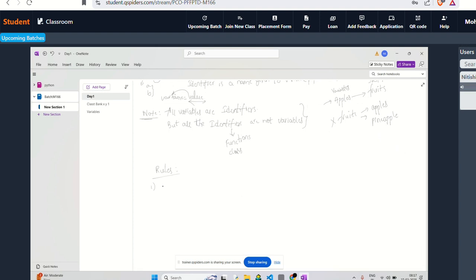The first rule is identifier should not be a keyword, or keywords should not be used as identifiers.